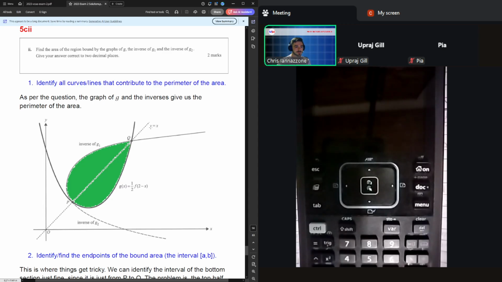Just to refresh your memory, you can use symmetries a lot of the time for area stuff. What kind of symmetries might make life a lot easier?